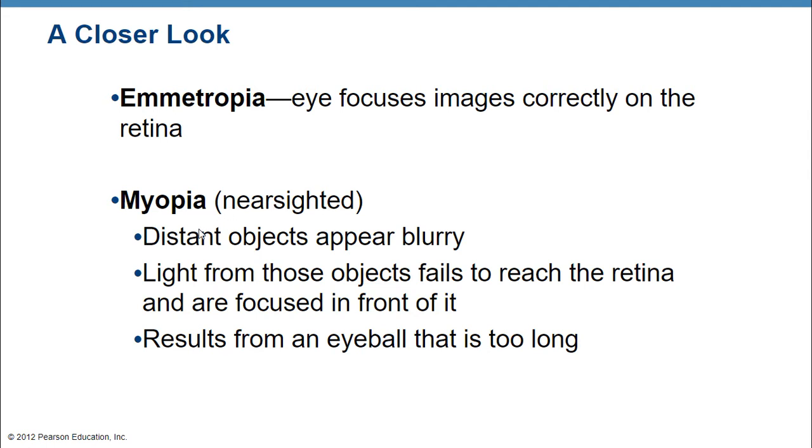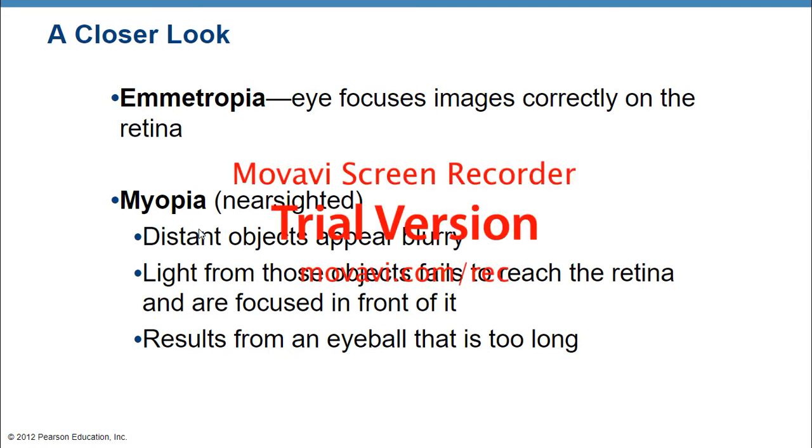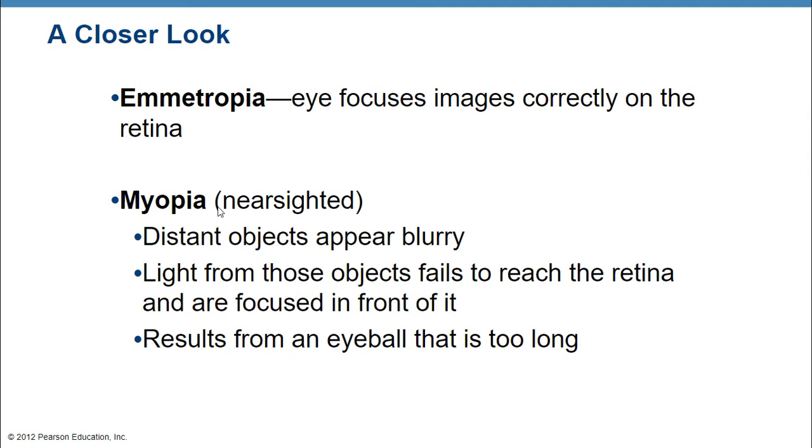So distant objects appear blurry. Light from those objects fails to reach the retina, and a focus in front of it results from an eyeball that is too long. So myopia, you are nearsighted, meaning that you can see objects that are close. Objects that are far away, you cannot see. Okay.